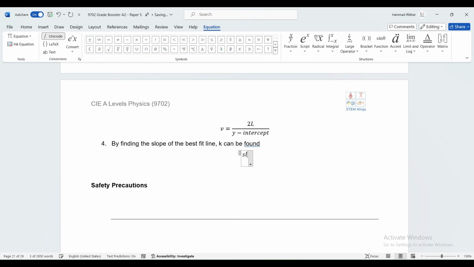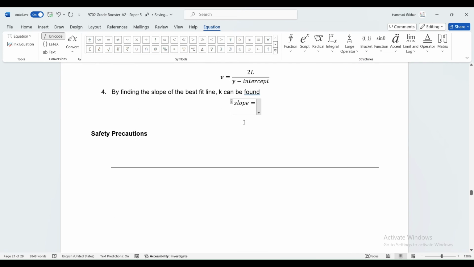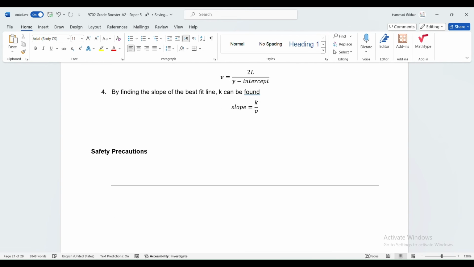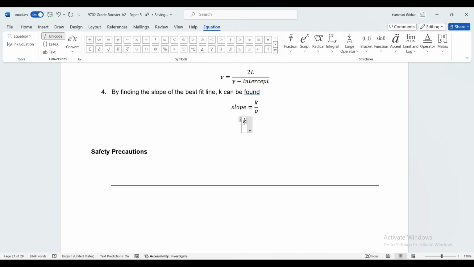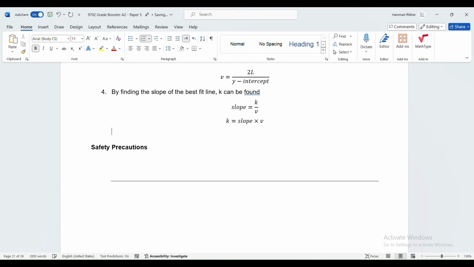So we will write slope is equal to K over V. So K will be equal to simply slope times V, which we have already found. Now the hypothesis will be valid obviously only if a best fit line is achievable.